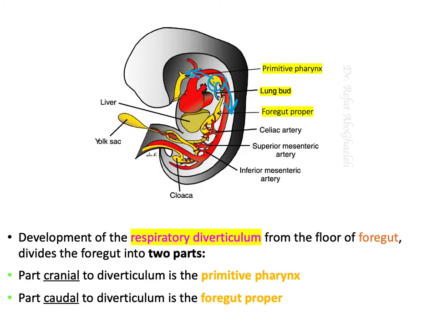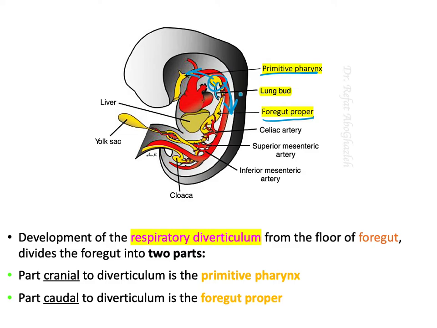The part that is cranial to it is known as the primitive pharynx, and the part that's caudal to it is called the foregut proper.